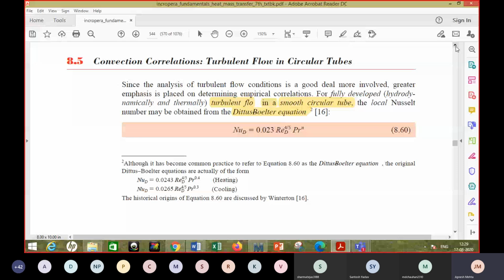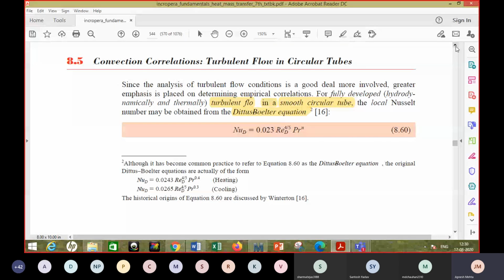Now, as I told, when the flow is turbulent, we generally don't need to worry about the entry length, because beyond 10 times the diameter, you generally consider it to be fully developed. So here the diameter is just 25 millimeters, so 25 centimeters is the entry length, and you are talking about a 100-meter long tube. So for almost the whole length, the flow is fully developed.